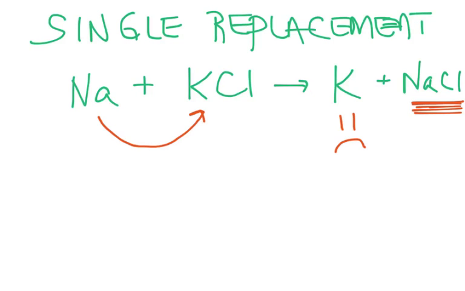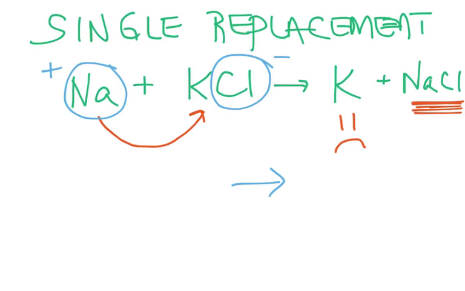Here's the kicker. The kicker is not everything can replace everything. So for example, in this one you guys are just looking at, sodium can connect with chlorine because sodium's a positive and chlorine's a negative. But you couldn't have the situation where, let's say, chlorine was by himself and sodium and potassium got together.